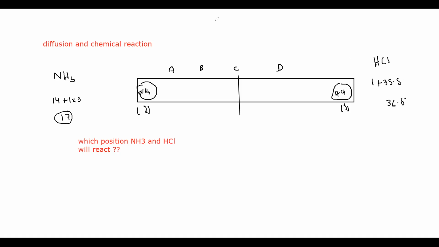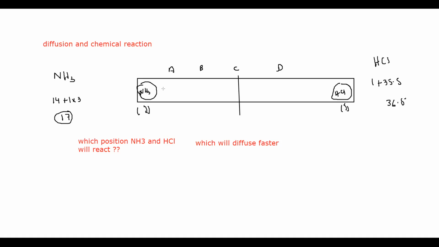So first, you will identify which will diffuse faster. NH3 will diffuse faster, because NH3 is lighter. And when it diffuses faster, it will cover greater distance.